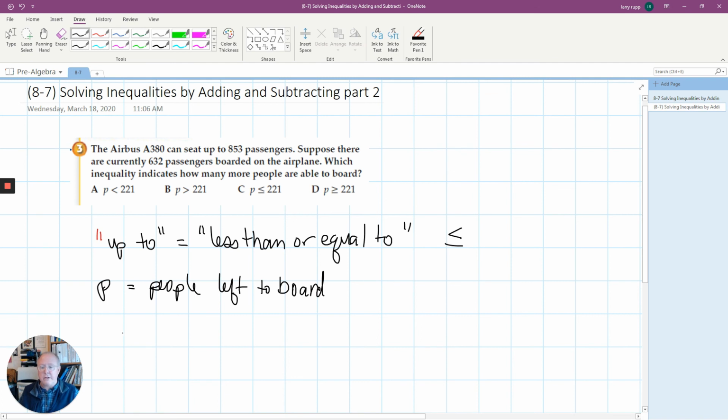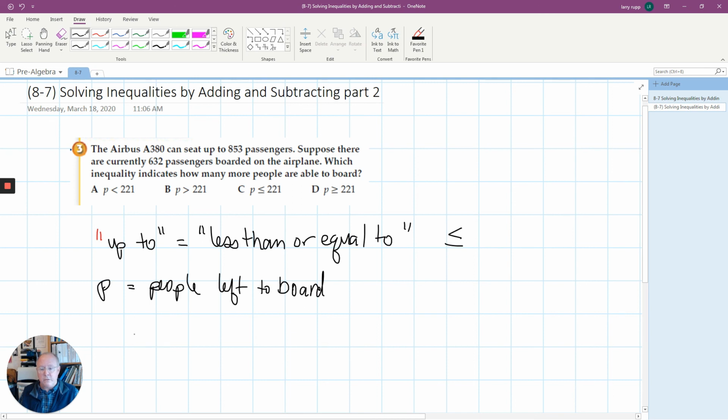So how do you think about this? Well, the best way to think about it, right now we have to write an equation that models this, okay? So you know that the people that are left to board plus the people that are already on the plane have to relate to the total number of passengers that the plane can carry, okay?